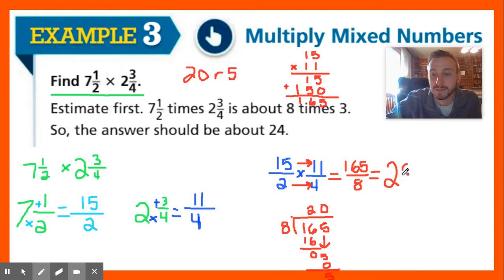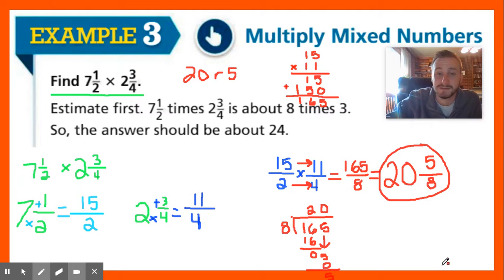We're going to make the mixed number, 20. You draw your fraction bar. Your numerator, the number that goes on top, is your remainder. So you write 5 right here. And your denominator is your divisor over here, the number you divided by, 8. So that means that your answer is 20 5/8.